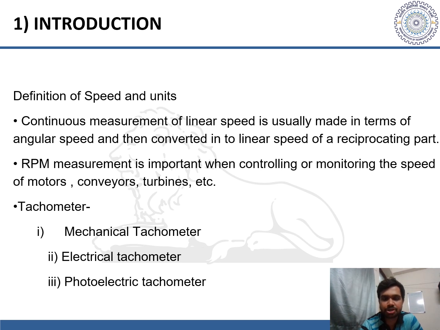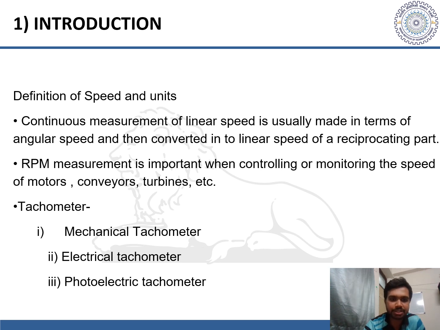The continuous measurement of linear speed is usually made in terms of angular speed and then converted into linear speed of a reciprocating part. The RPM measurement is generally very important when controlling or monitoring the speed of motors, conveyors, turbines, etc. Angular measurements are made with a device called a tachometer.